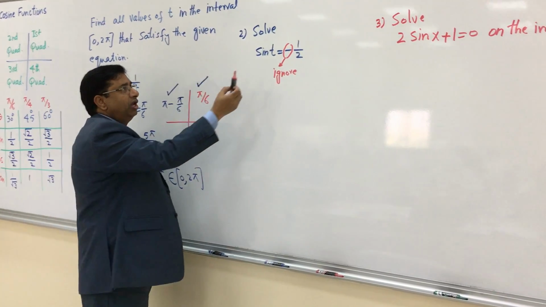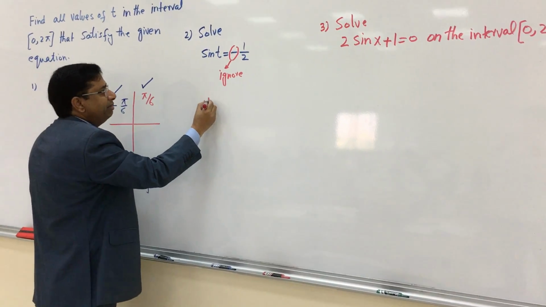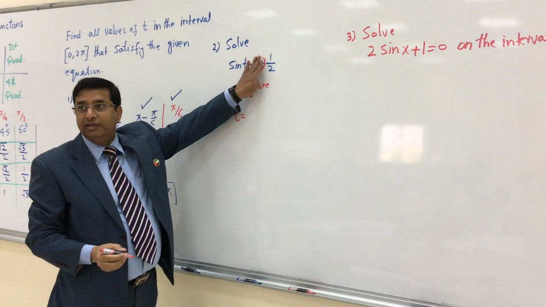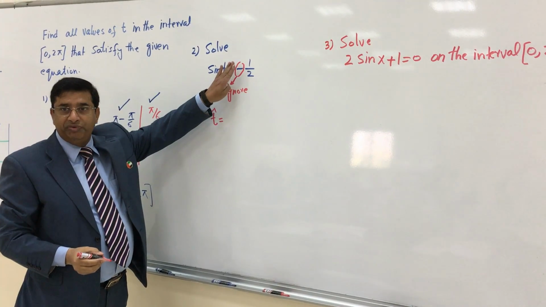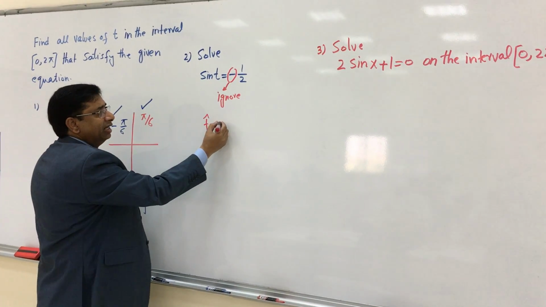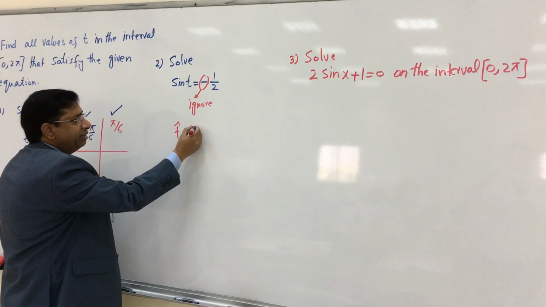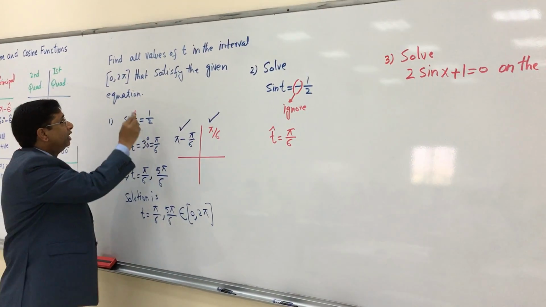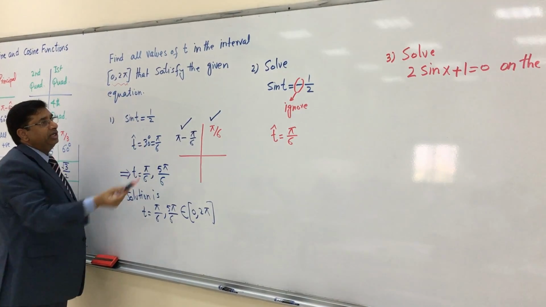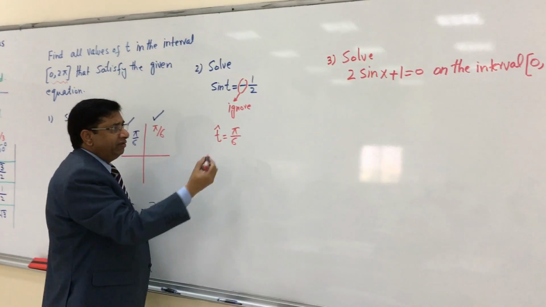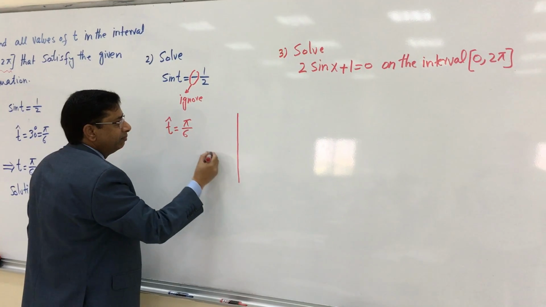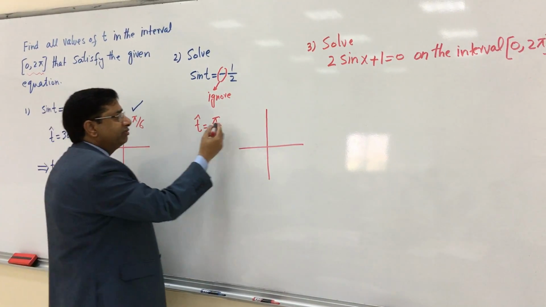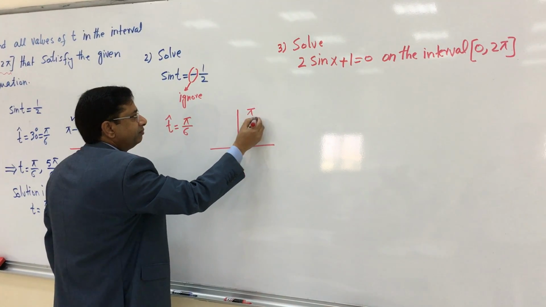So first of all, look for the value of t which can make this equation true, which is the reference value without this negative sign. So the value of t is 30 degree. 30 degree means pi over 6, because we are given the interval in radians, so we are using the radian value. For the other values, we draw this sketch and write down this value in the first quadrant.